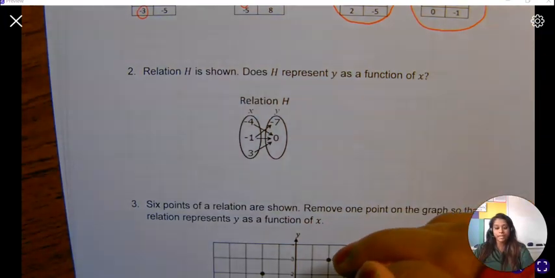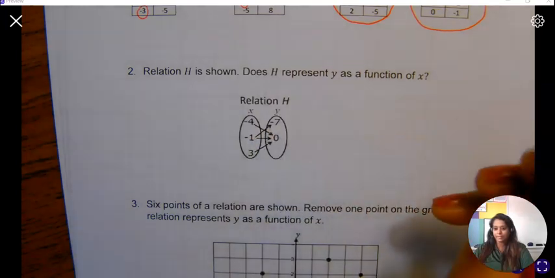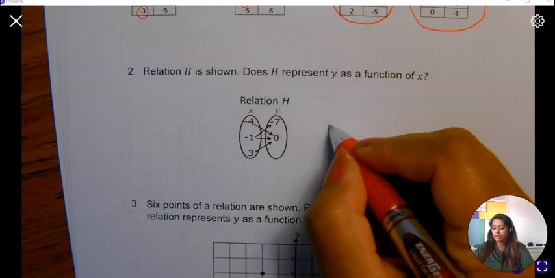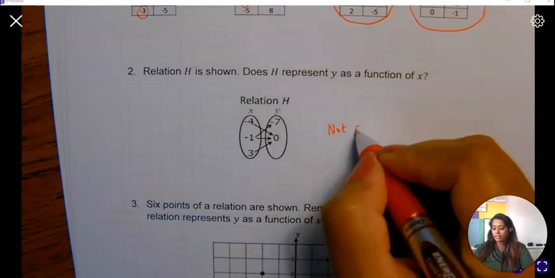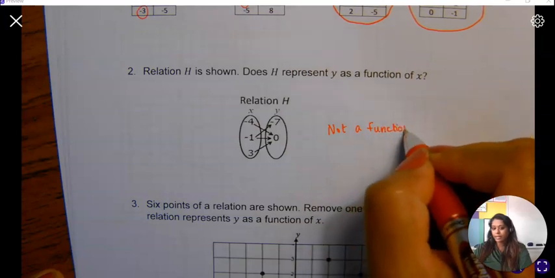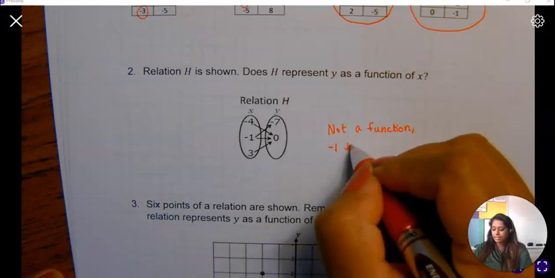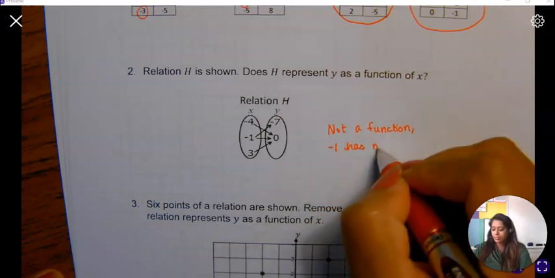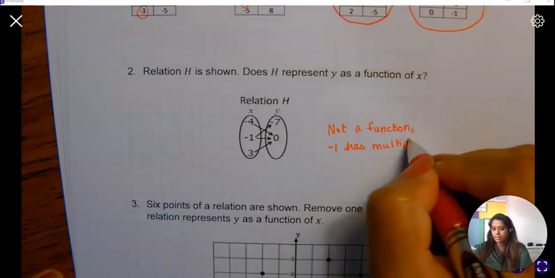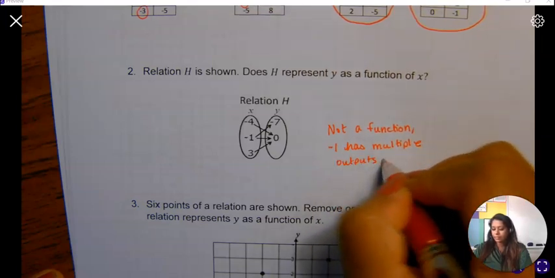What is not okay is if you have one x going to two different y values. So this is not a function because x negative 1 has multiple outputs. Okay.